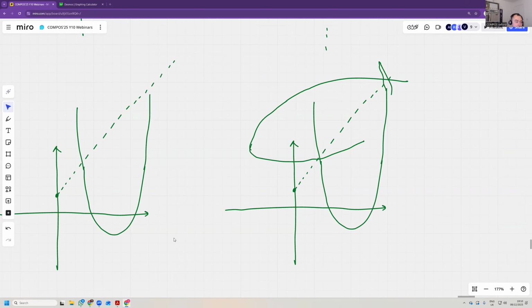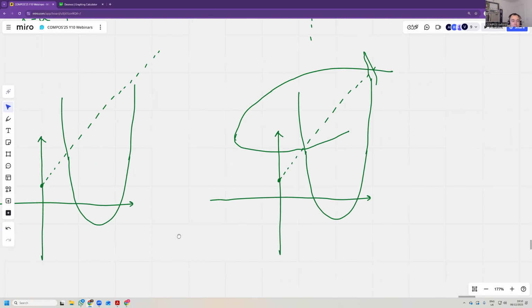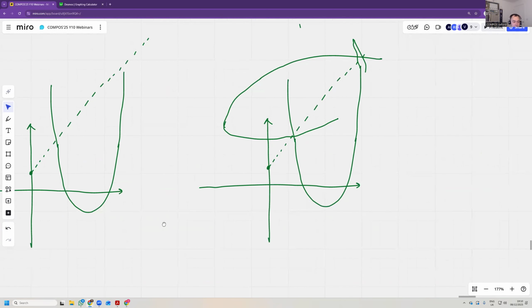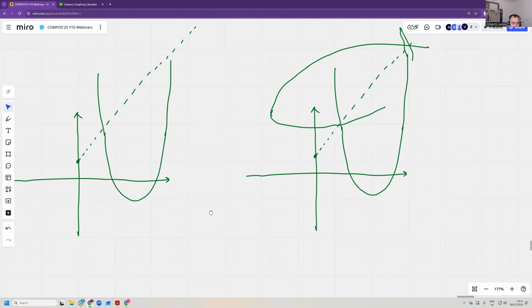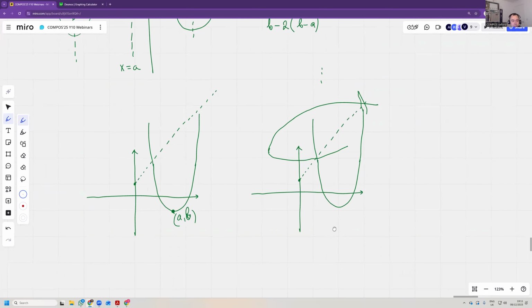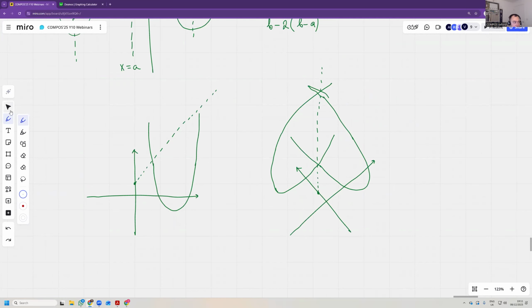Well, look, you need to apply a rotation first, and the rotation is, well, you use this method.